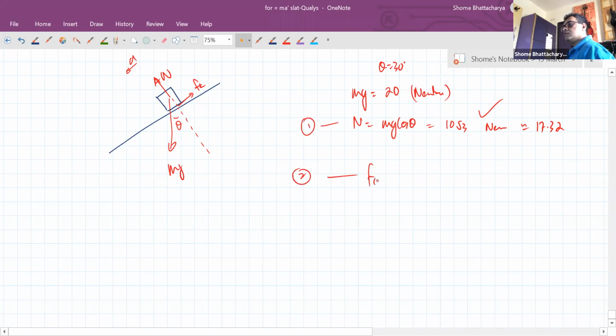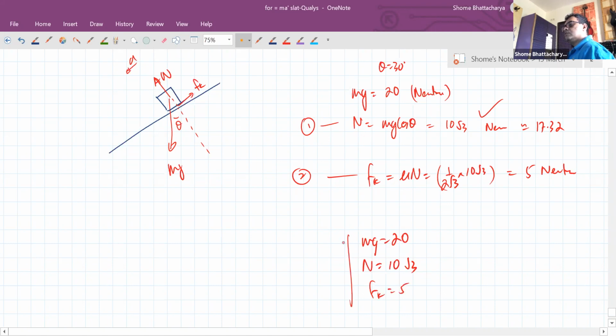It will be mu n. So 1 by 2 root 3 into 10 root 3. So this is equal to 5 newtons. So these are the forces: mg of 20, normal reaction of 10 root 3, and kinetic friction of 5 newtons.